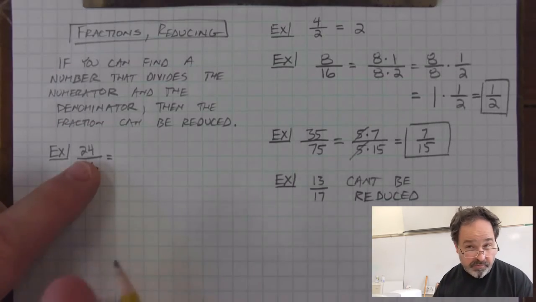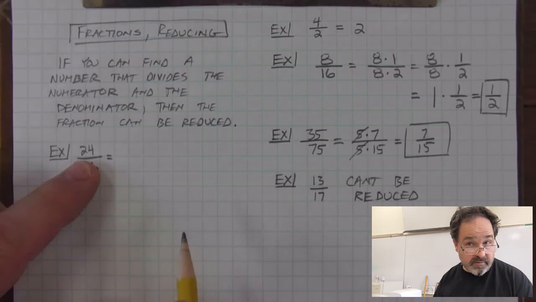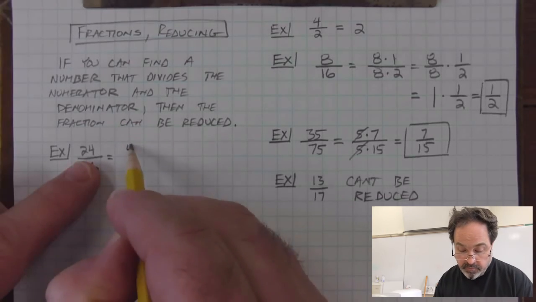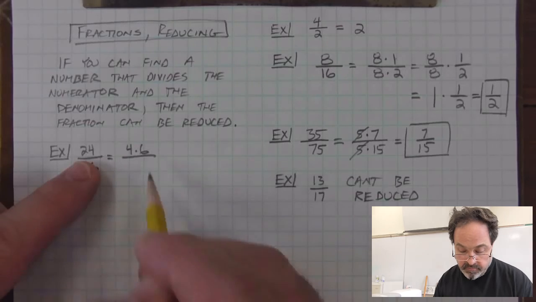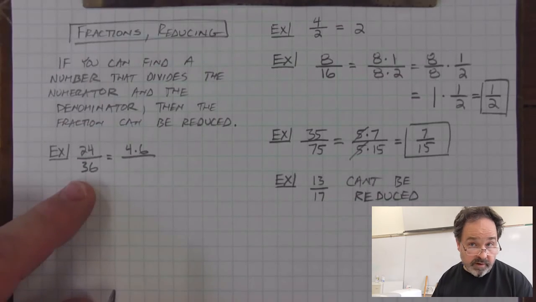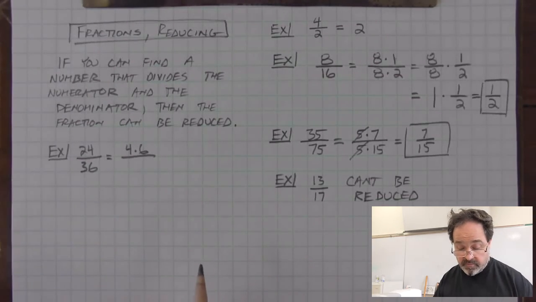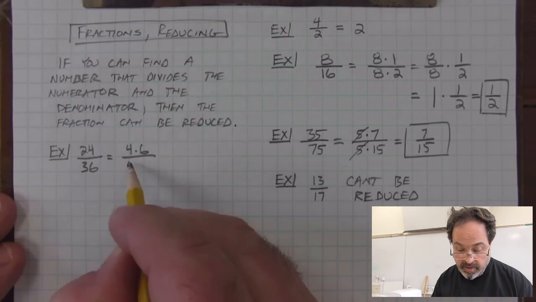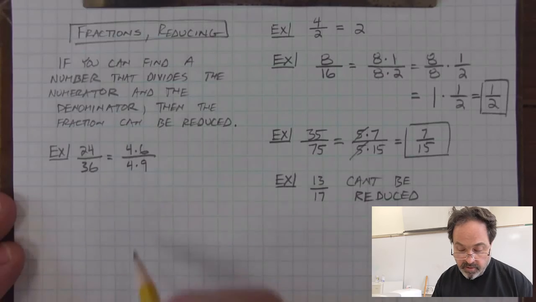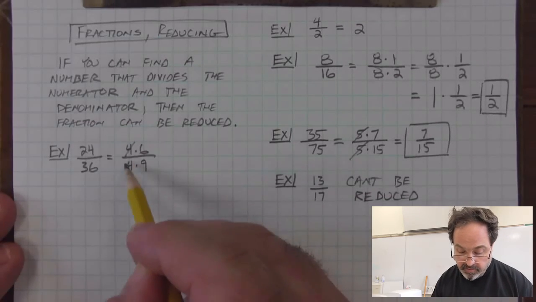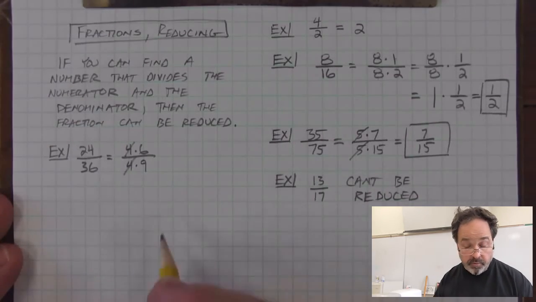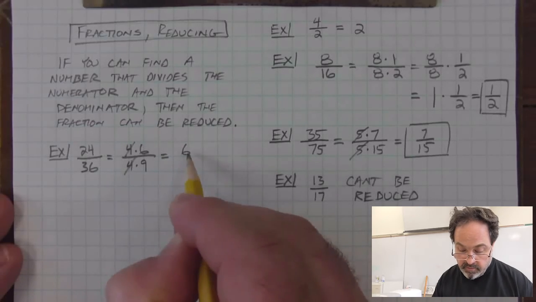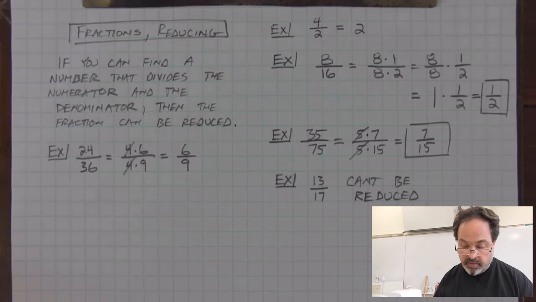If we divide 24 by 4, we get 6. I can show that as 4 times 6. 4 also divides 36. 36 divided by 4 is 9. I can show that as 4 times 9. And we cancel out the common factors of 4, leaving 6 over 9.